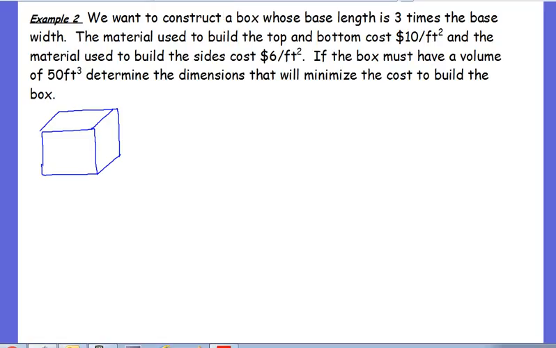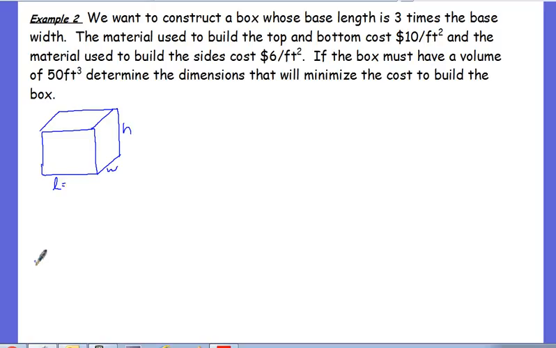Okay, let's label my box. How about height? Since they mentioned width and length, how about W? And then how about L? I do know something interesting about my length.